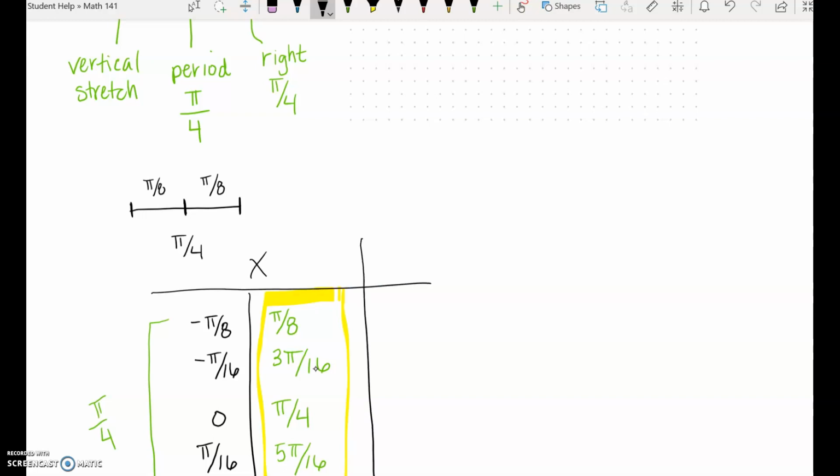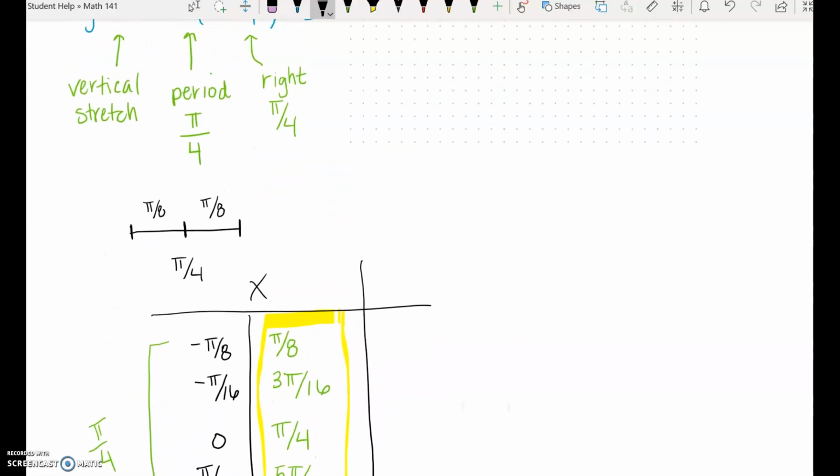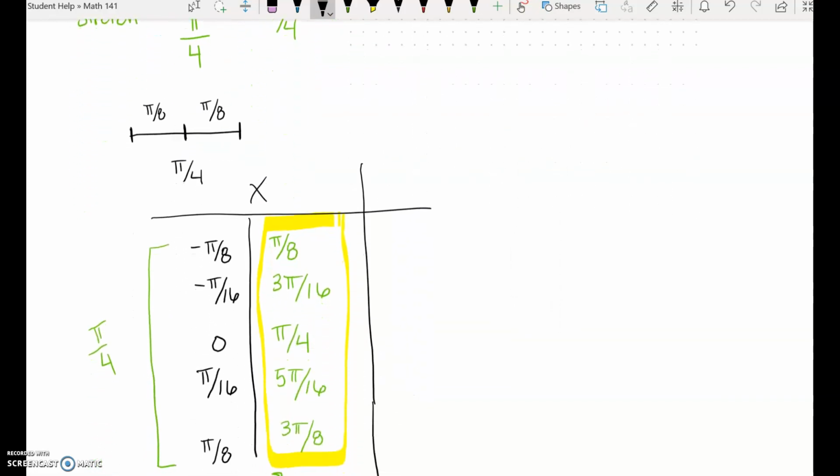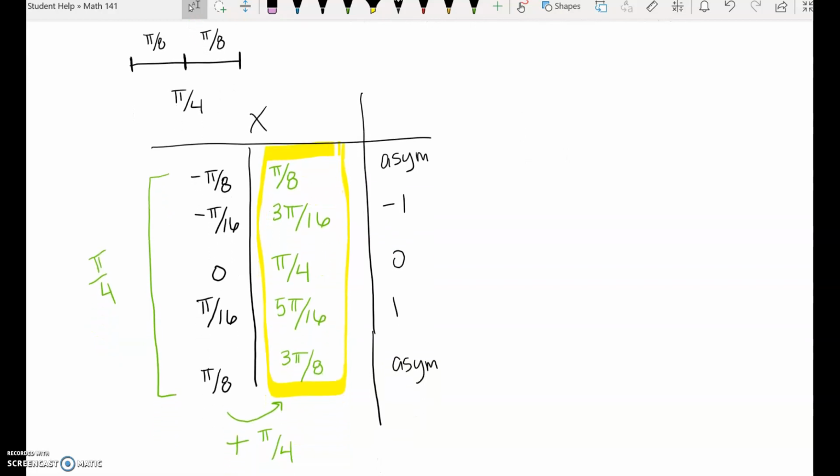And then looking at our y values, normally we have an asymptote. We are at -1, 0, and 1, but we're going to take that vertical stretch into account. So we're going to multiply by 5.